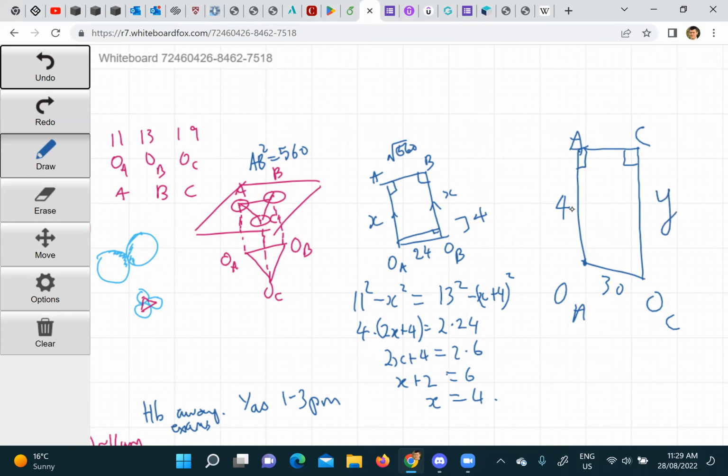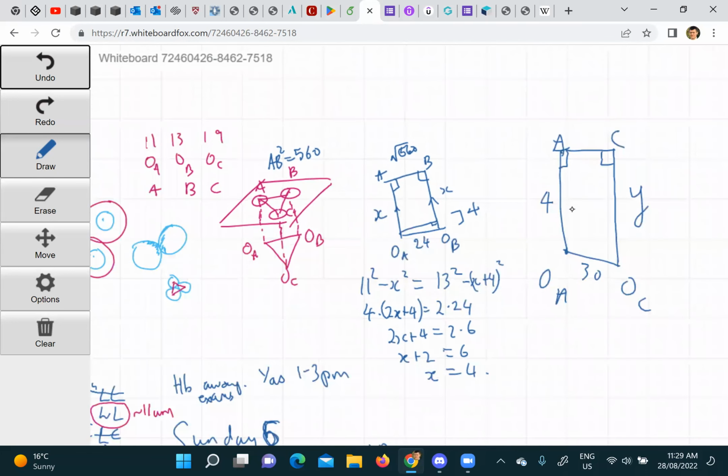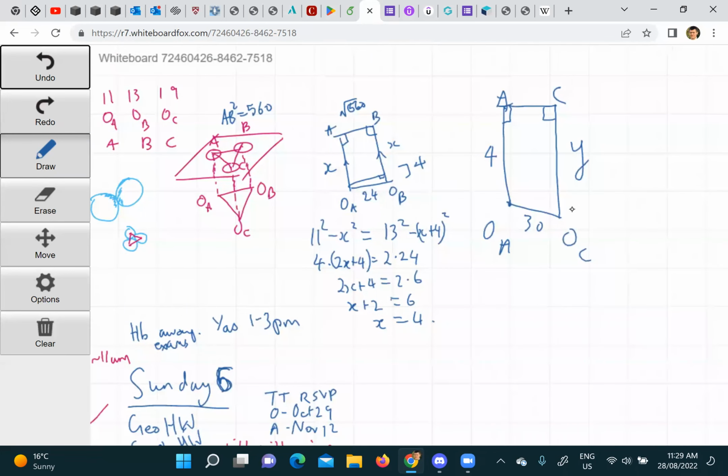Now you get 11 squared minus 4 squared equals 19 squared minus y squared. So 11 squared minus 4 squared equals 19 squared minus y squared.